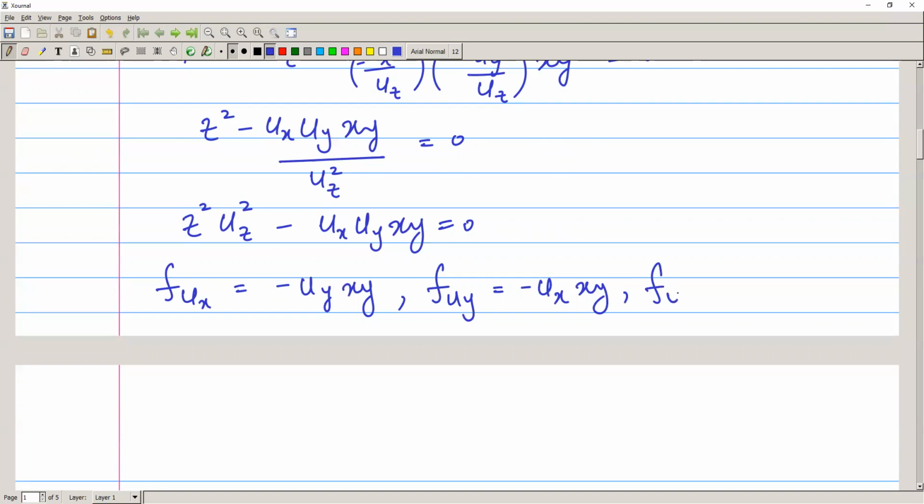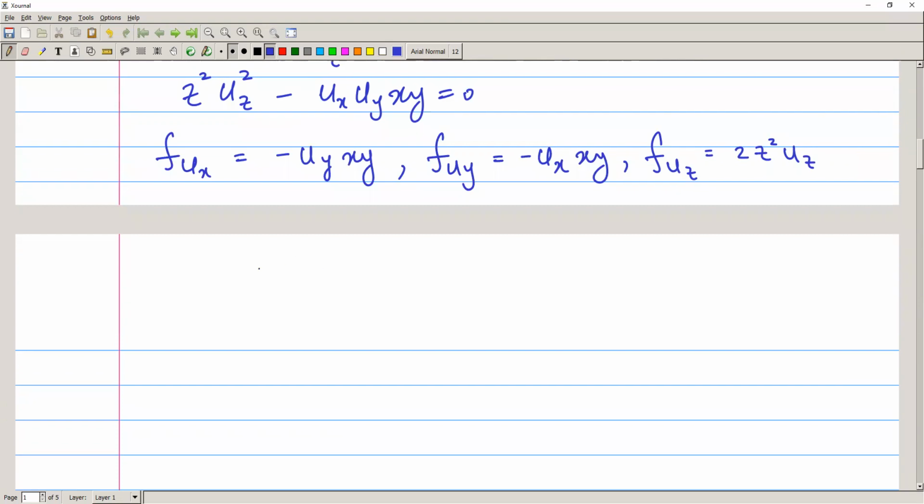Then with respect to uz, we get 2z squared uz. Then fx, we get negative ux uy times y.